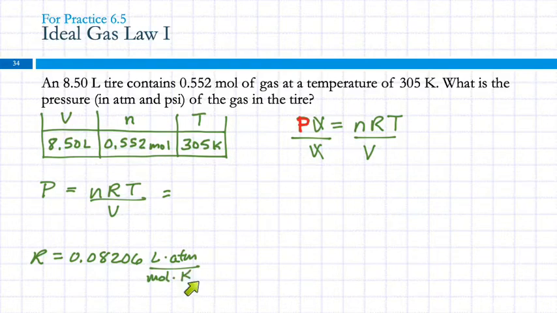The units on R tell us what units we have to use for the other quantities. So here the volume is in liters, that matches. Amount of gas in moles, that matches. Temperature in Kelvin, that matches. So I don't have to do any unit conversions before I can use this equation. So n is 0.552.